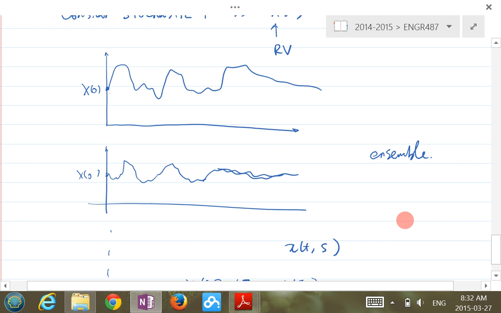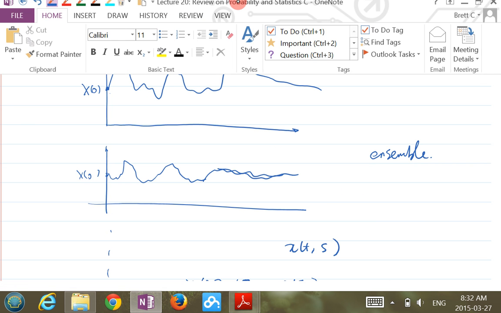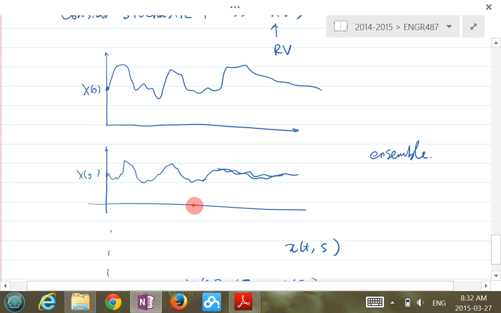If I choose a time t naught, for one trial I go up, and for the other trial I go down. So every time you get a different number here.